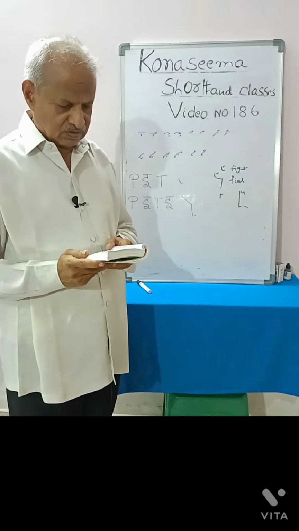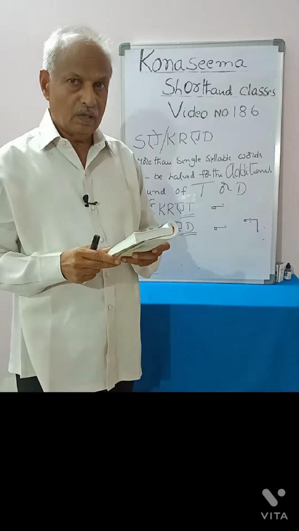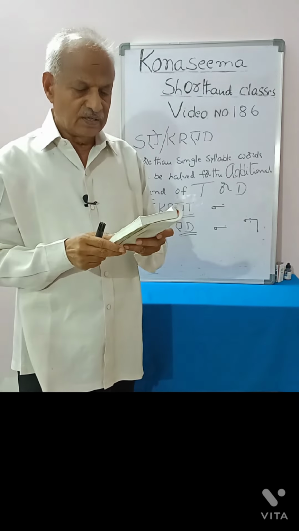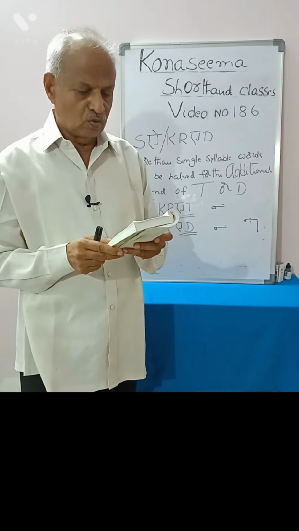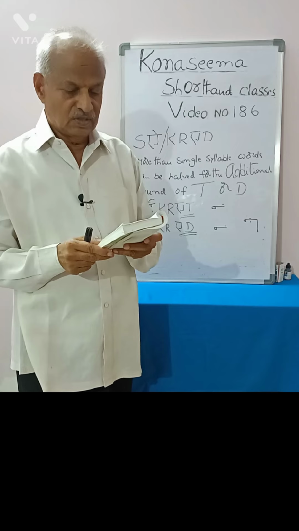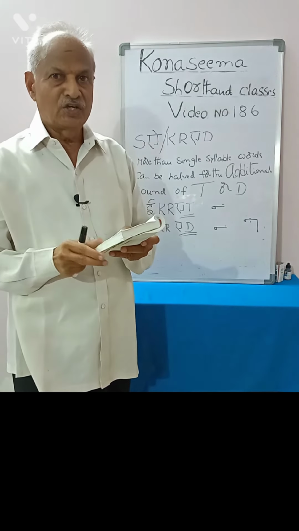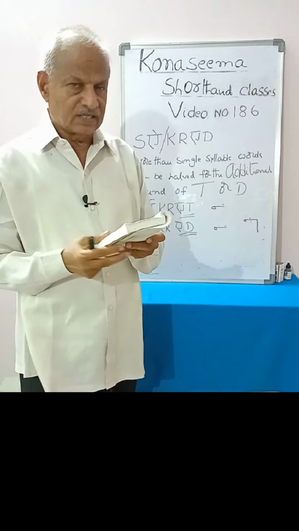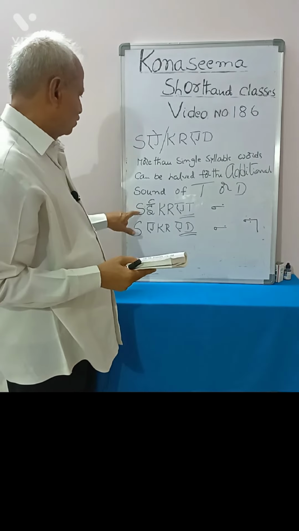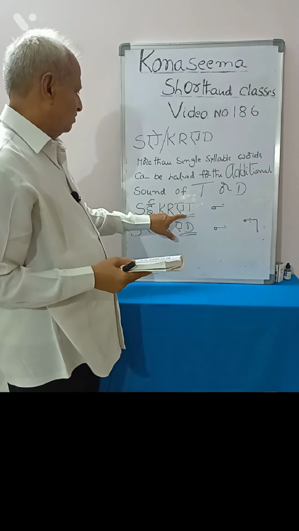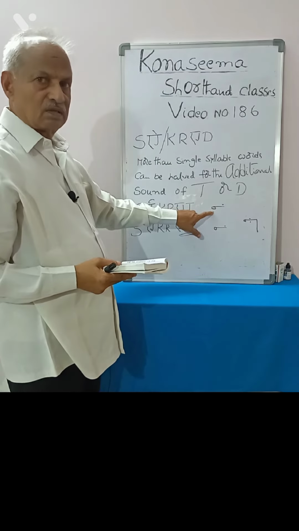Right? Next, you see, where a more distinctive outline is obtained by the use of the stroke T or D, there we should write in full. Secret. You see here, secret. We have written like this.